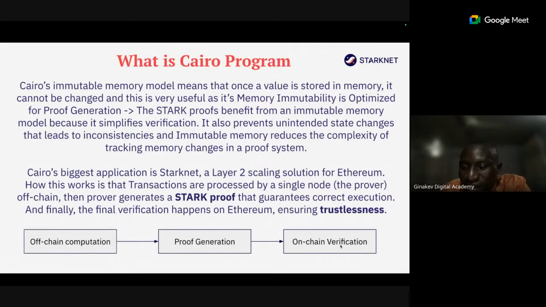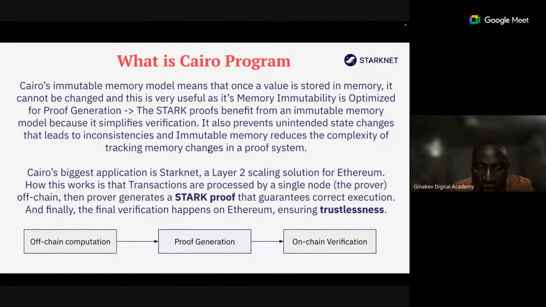So the blockchain will verify: okay, you claim that you have done all these transactions, right? We are not arguing, but we still need to confirm whether the transaction you have done is true or not. That's the only thing the blockchain needs to do. So that is the relationship between Starknet and Cairo.